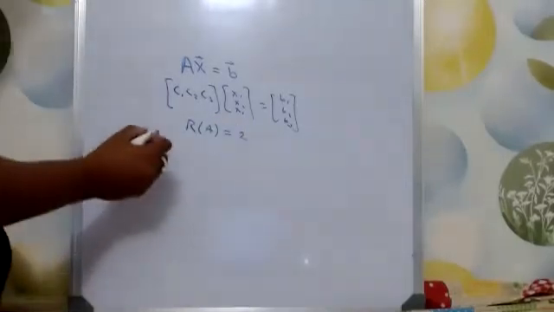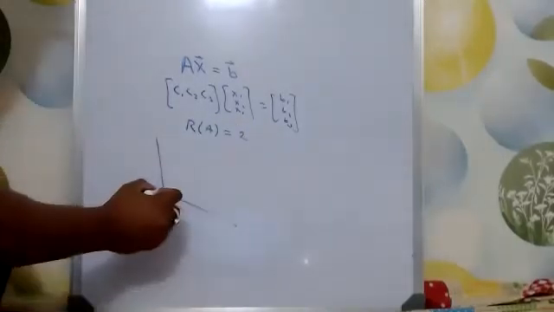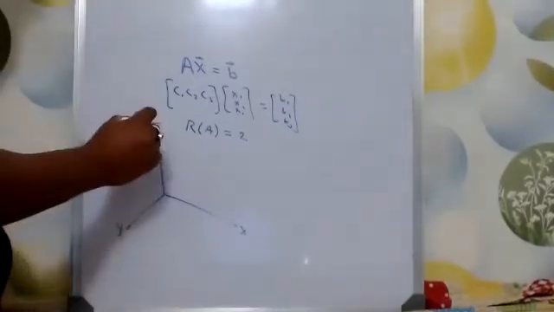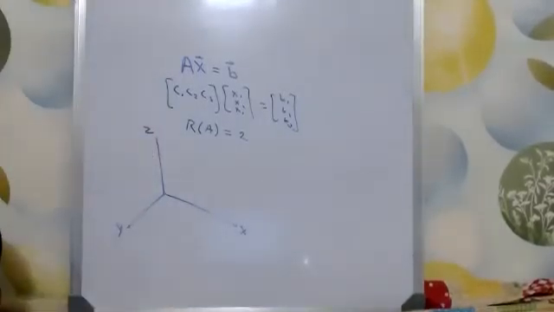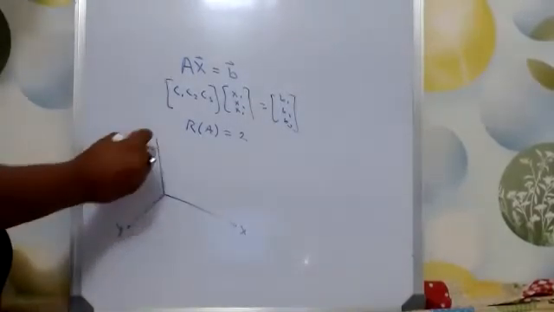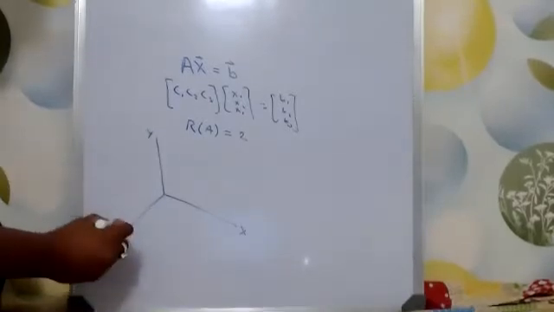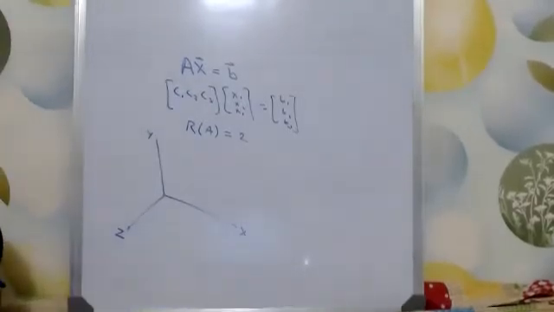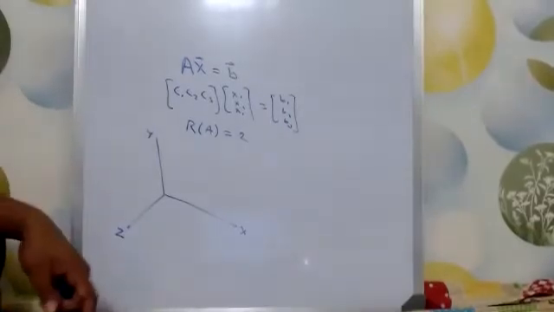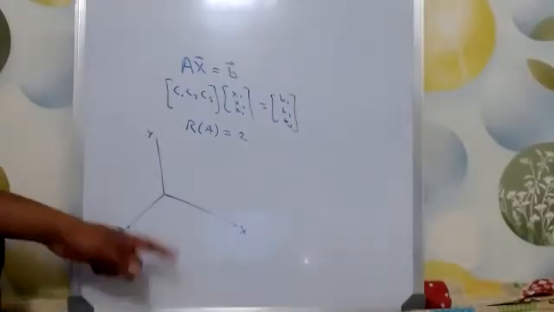So in a three-dimensional space, X, Y, Z, I have A. Why did I take three dimensions?